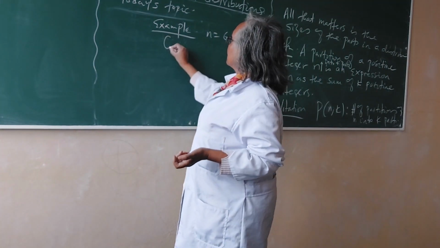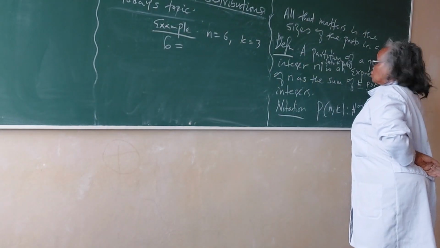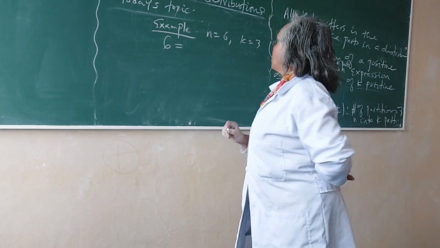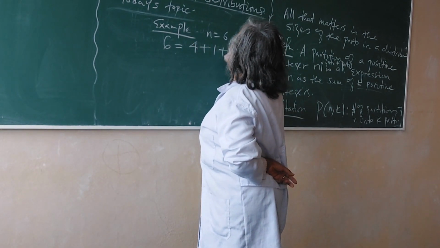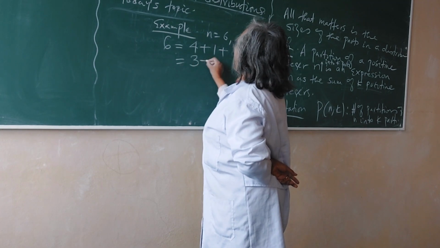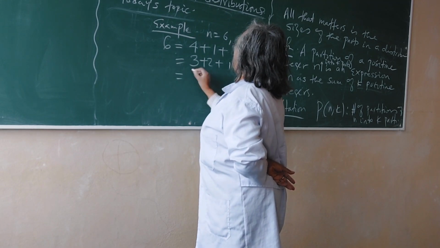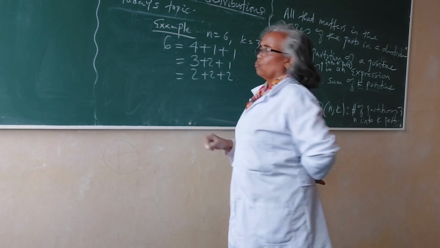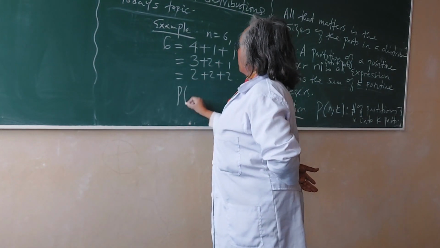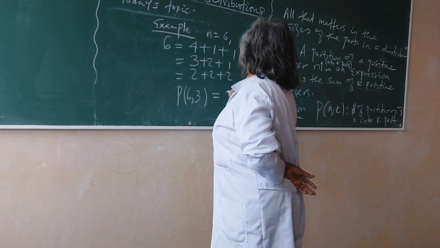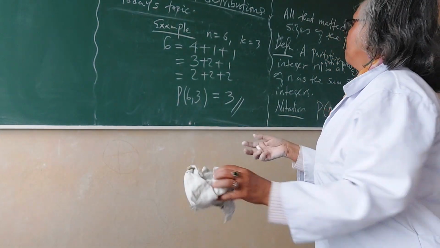Obviously, I've said k positive integers, so 0 is not allowed. So I can write 6 as 4 plus 1 plus 1, or as 3 plus 2 plus 1, or as 2 plus 2 plus 2. I don't think there is another way of writing it. So P(6, 3) is nothing but 3. Okay? P(6, 3) is 3.